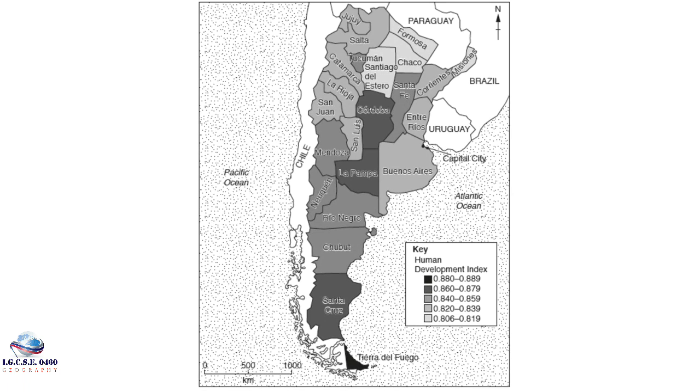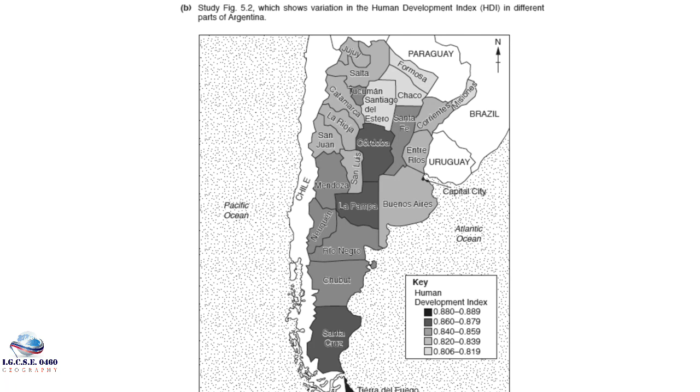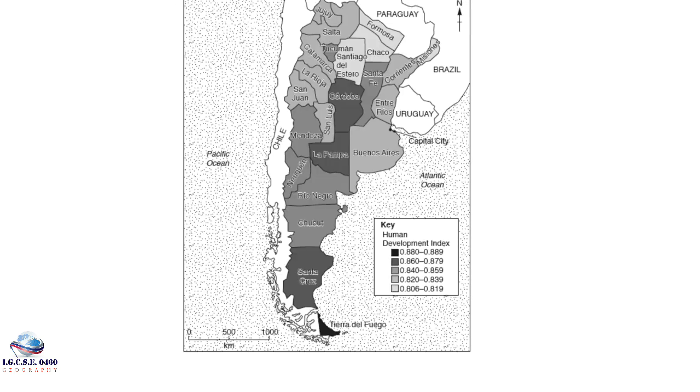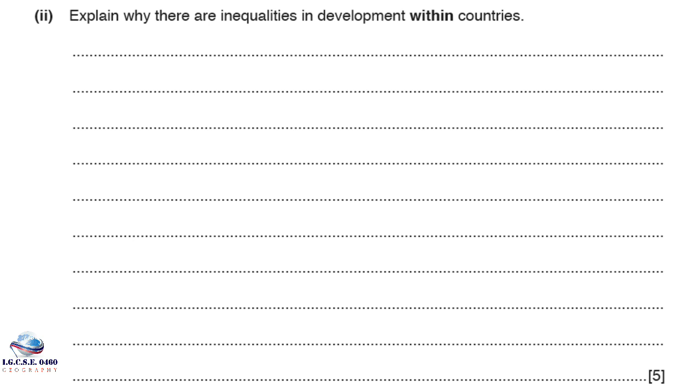So this is the southern part of South America, showing the country of Argentina, and it has different HDIs in the different regions. So question number 1 is: using figure 5.2 only, describe the variation in HDI within Argentina. And lastly, explain why there are inequalities in development within countries.